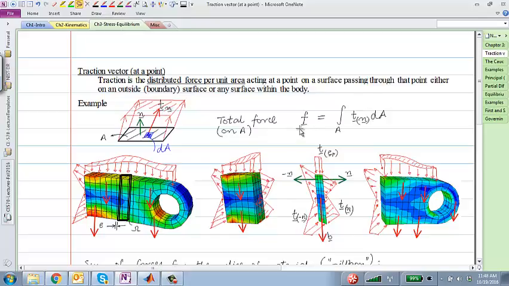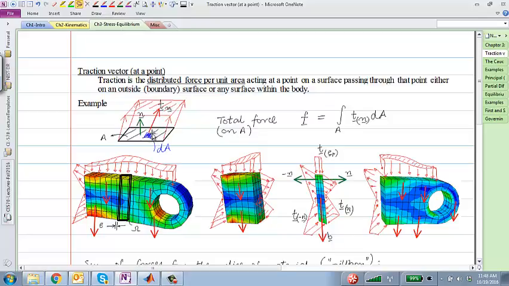And what does integral mean in this case? Let's say I have this dA, I have this traction, Tn. So the force acting on this dA would be what? Tn times dA, right? Tn times dA would be the force acting on this particular dA. If I consider a neighboring dA, there would be a different Tn times dA on that particular area, right?